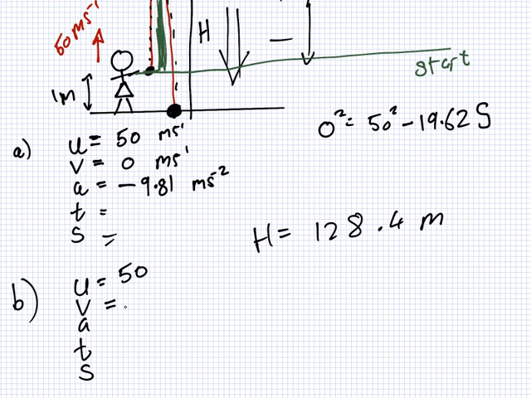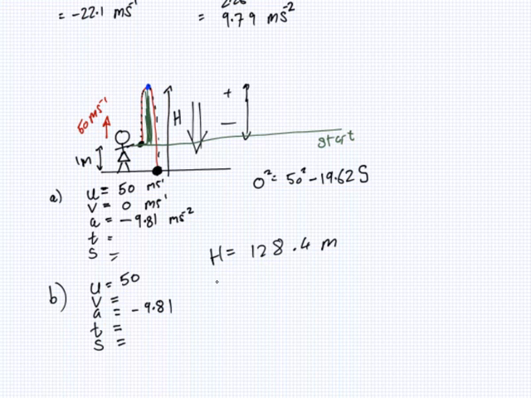I mean, just before it reaches the ground. Then it's another calculation. So we don't know the V, do we? The A we know, 9.8. The T we don't know right now, and the S.